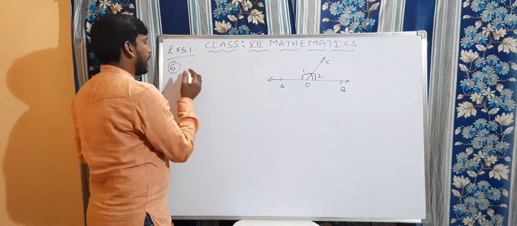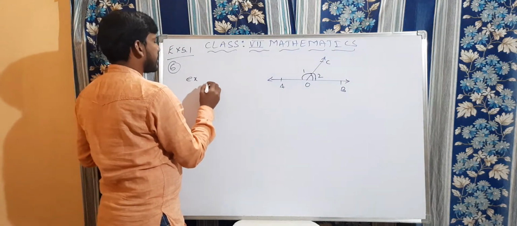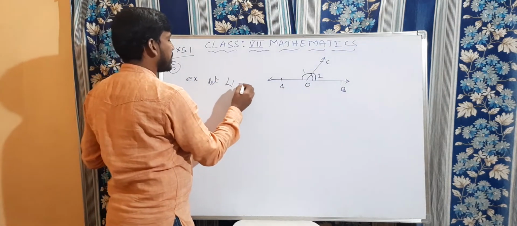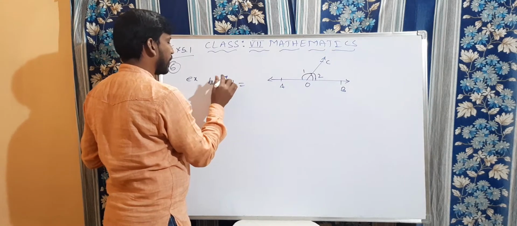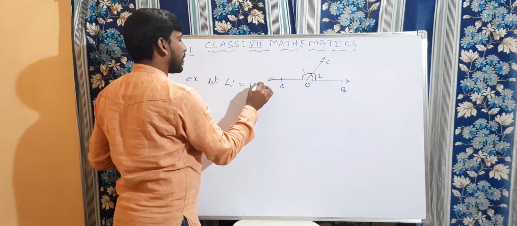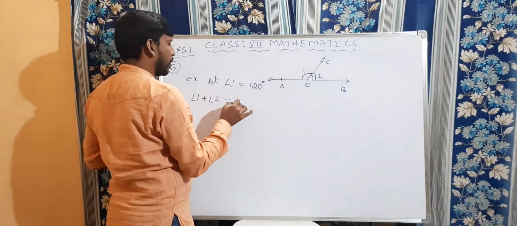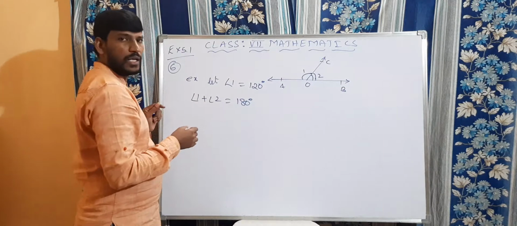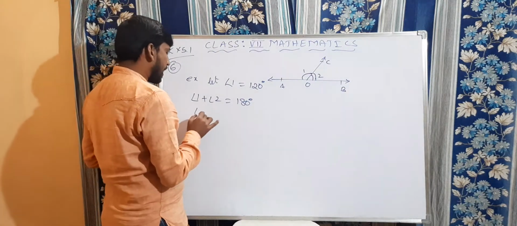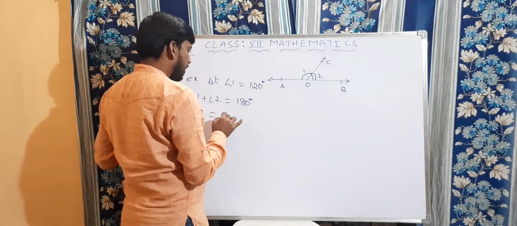Let us take a simple example. Let angle 1 be 120 degrees. They gave that angle 1 plus angle 2 is equal to 180 degrees. So what is angle 2? Angle 2 is nothing but 60 degrees.